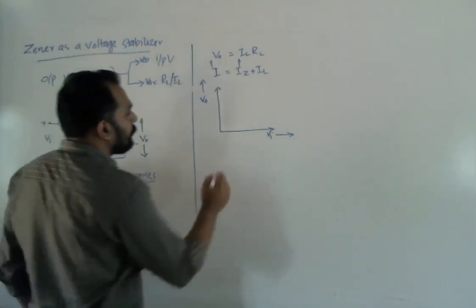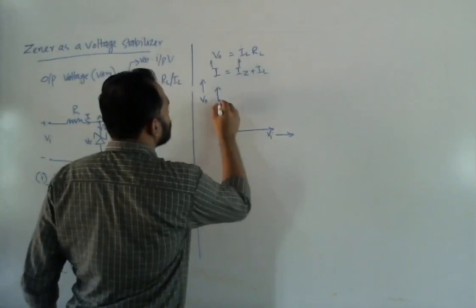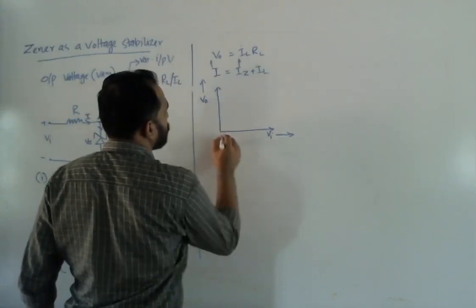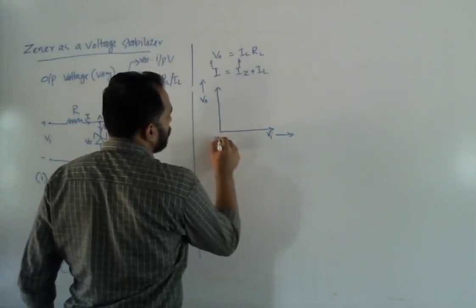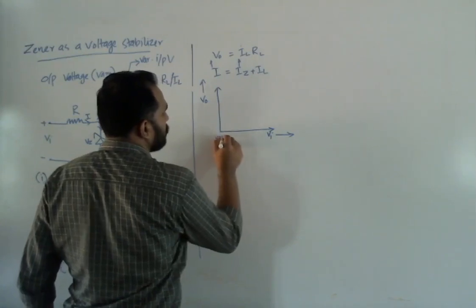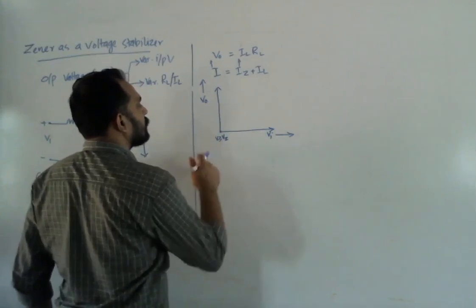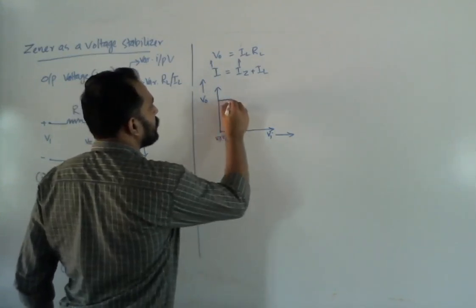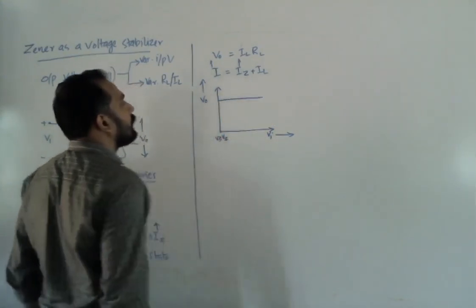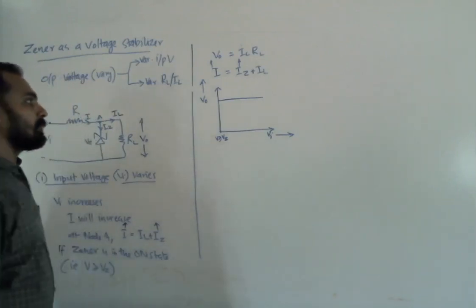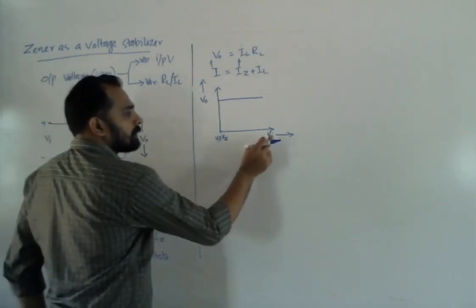If the input voltage increases, then for all V greater than Vz, we will have a constant output voltage irrespective of the variation in the input voltage.